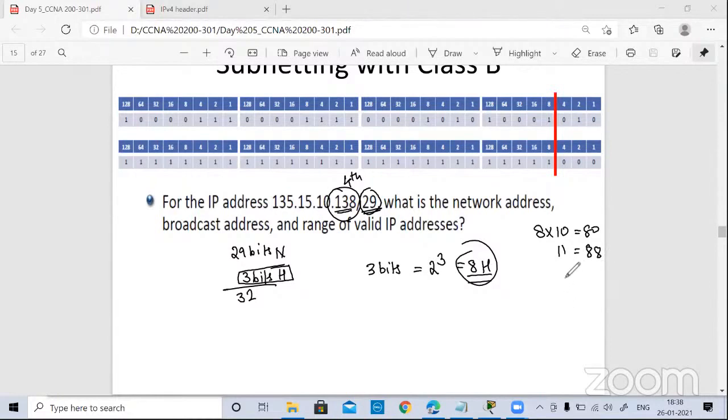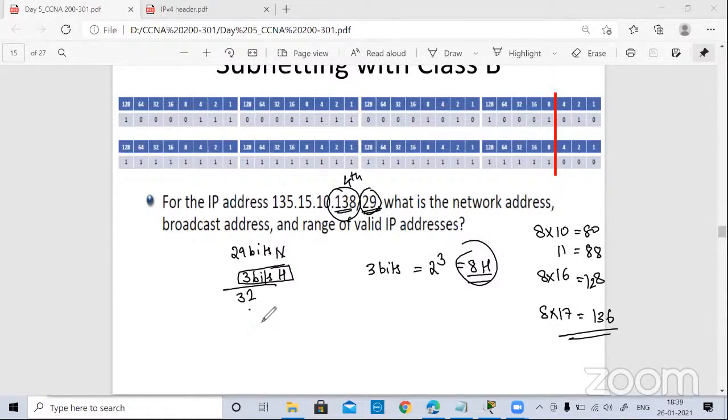Likewise, if I go forward, 8 into 16 will turn out to be 128. My number is still ahead of that, so I can go to 8 into 17, which turns out to be 136. So I see that this IP 138 is close enough to 136.